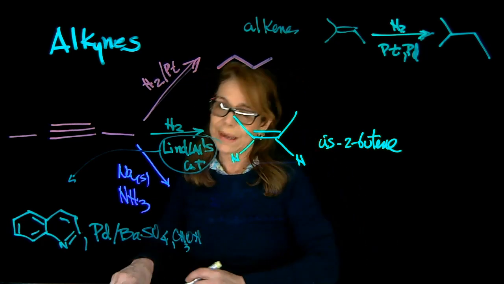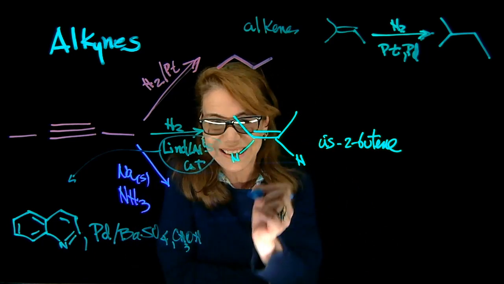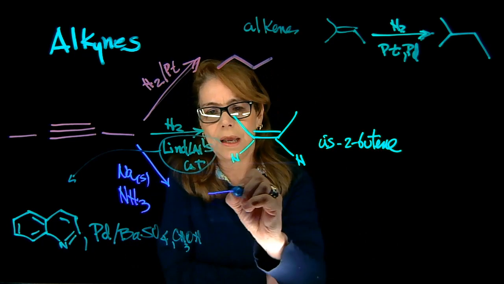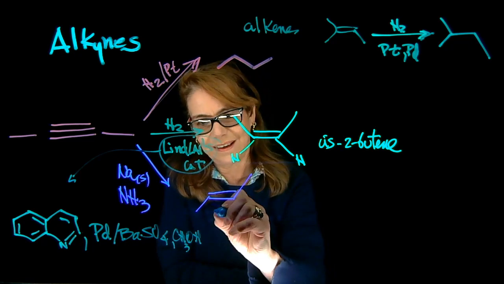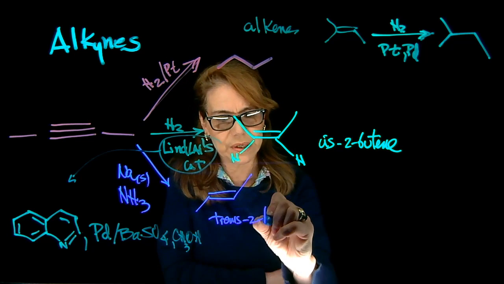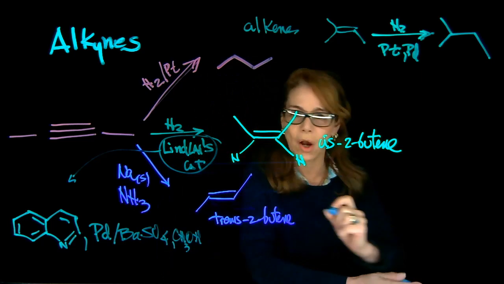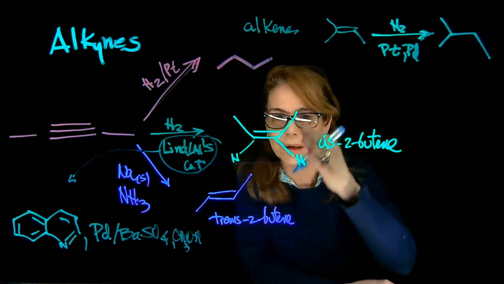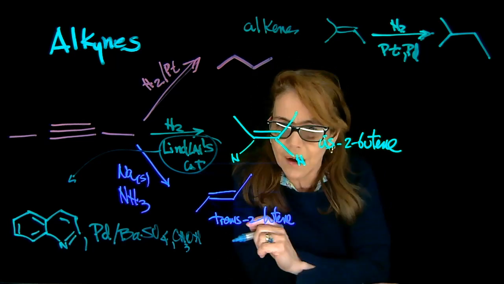So in the mechanism of that, let's draw the final product, but why do we get the trans alkene? So our final product is that. This is trans-2-butene. But the idea is why we get trans here and what we get using Lindlar's. Why is this trans?